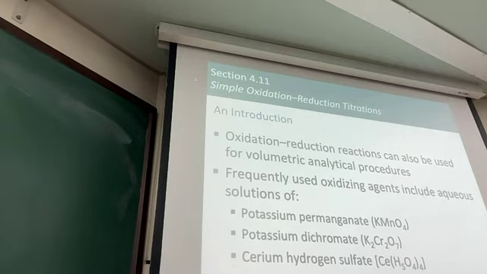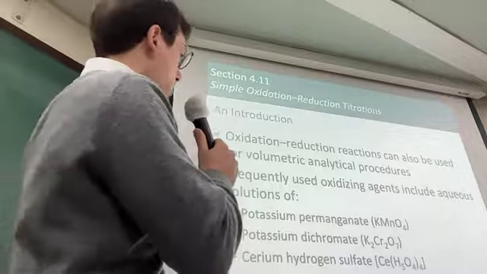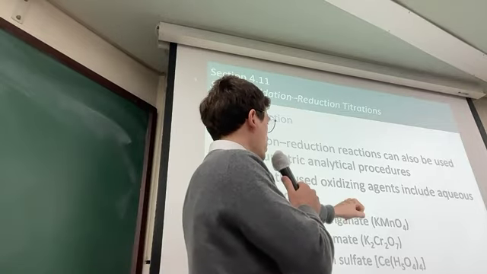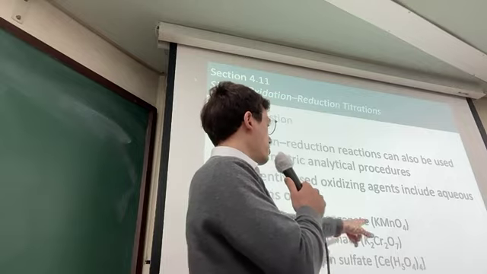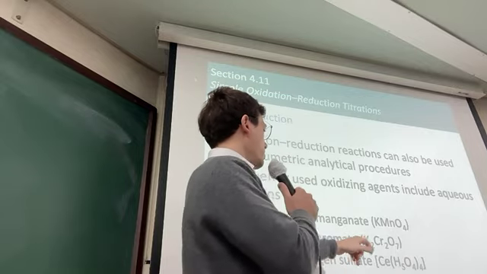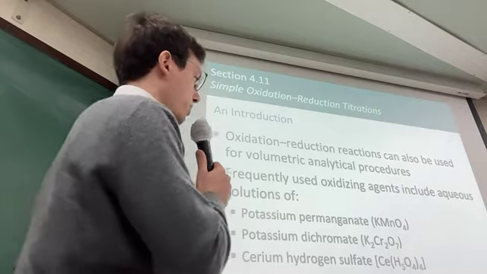Which convert all the reactant to the product. So we would probably use some very strongly oxidizing agent, so that the redox reaction is converting all the reactant to the product. So examples here are potassium permanganate, potassium dichromate, cerium hydrogen sulfate, for example, right?